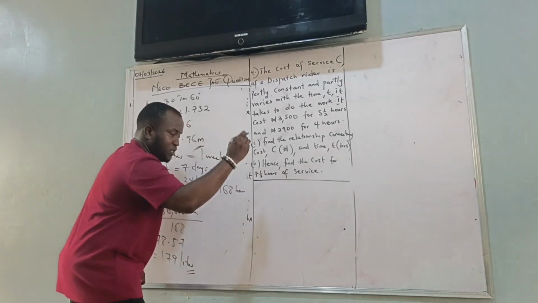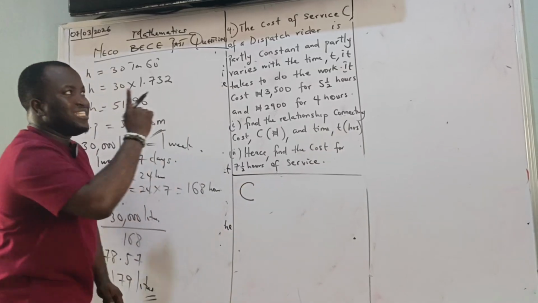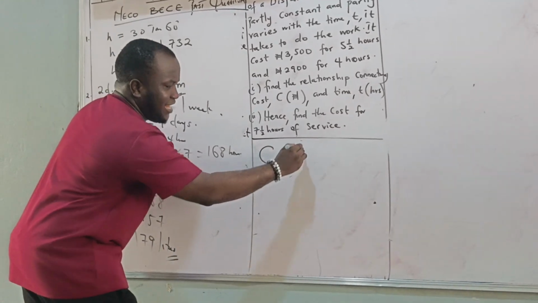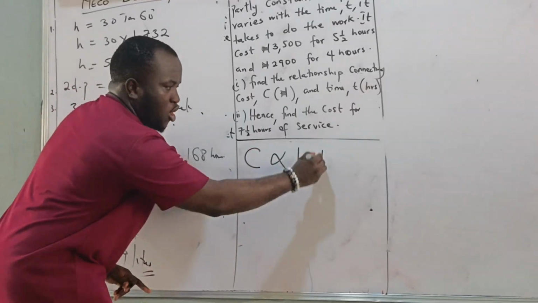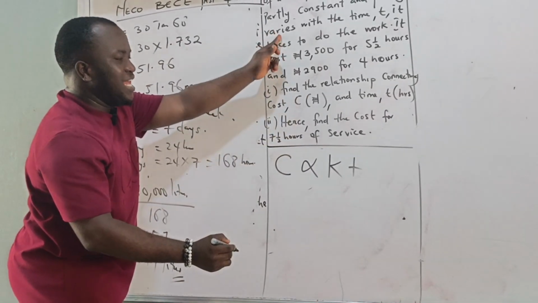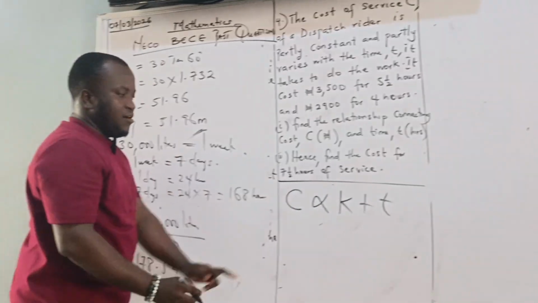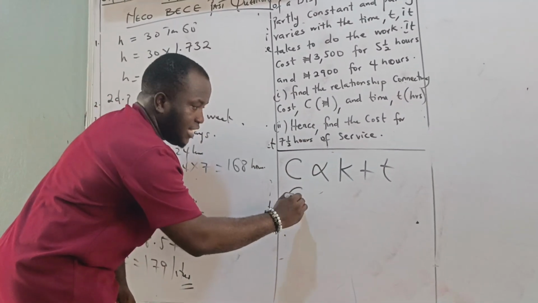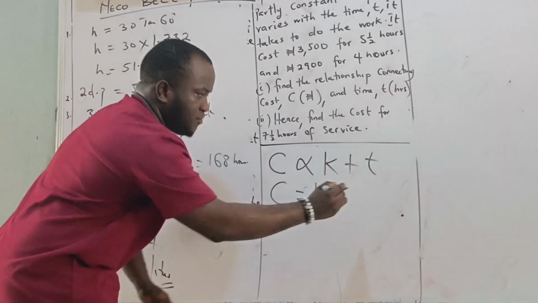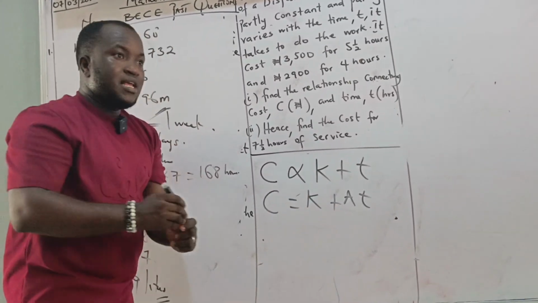Watch me. The cost of service C of a dispatch rider is partly constant and means plus, and partly varies with time t. Since it's partly constant and partly varies with time t, you now write C equals k plus, you introduce another constant, a small a t.